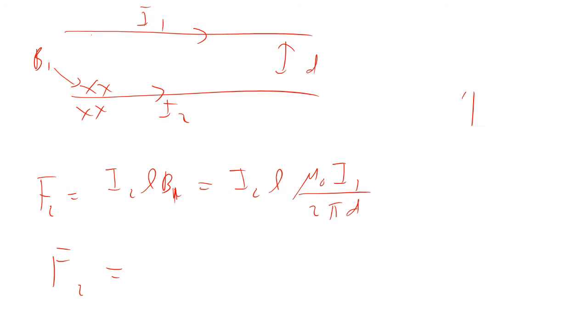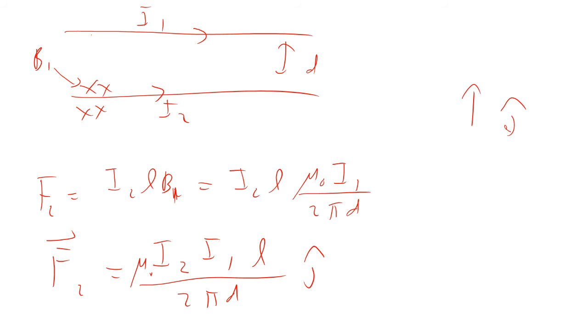If I say that way is going to be the j direction, then the force here is going to be mu naught I2 I1 L over 2 pi d j. Well, what about the other wire? For the other wire, the magnetic field here we'll call B2.